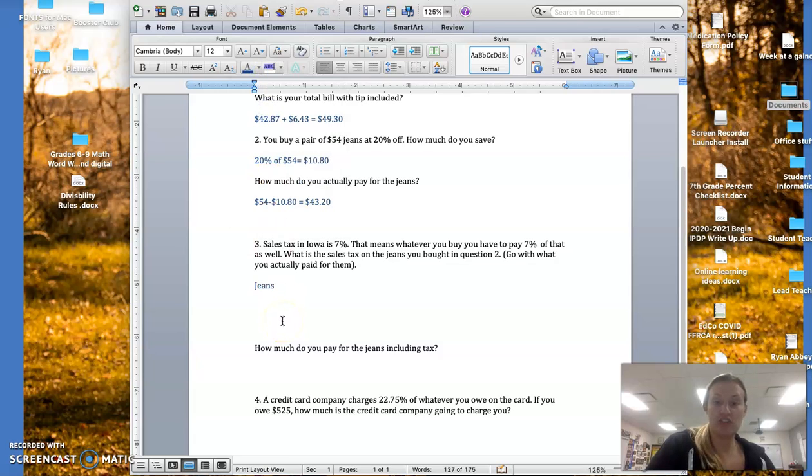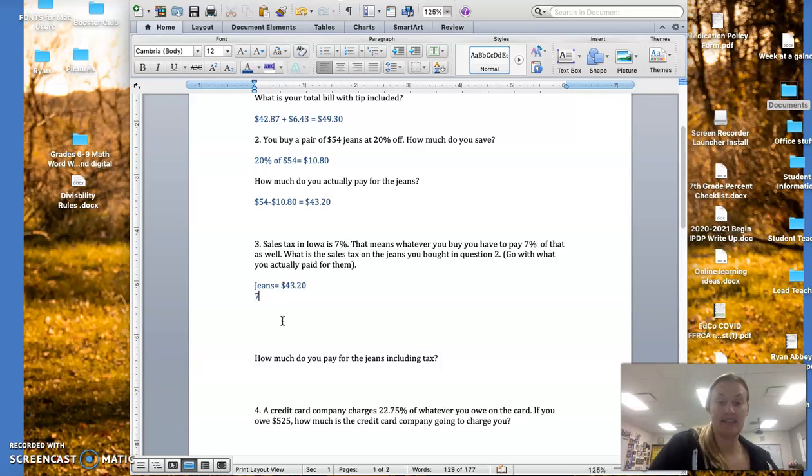So the jeans cost us actually $43.20. And so what we need to find is 7% of that number to find the tax that we have to pay on that. Now, like before, we are either going to set up that proportion or we're going to set up the equation.